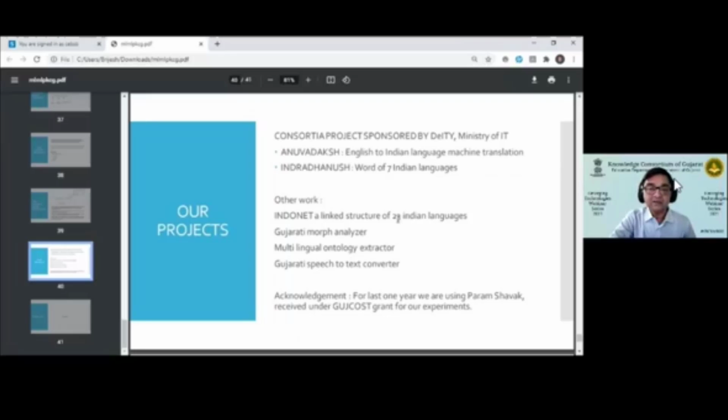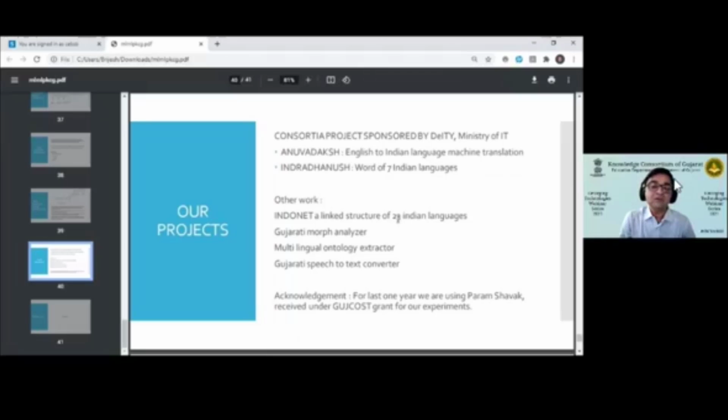So we had done some interesting consortia projects called Anuvadaksh and Indradhanush. Anuvadaksh was an English to Indian language machine translation project sponsored by the Department of Information Technology, Ministry of IT. And it was a consortia project involving many reputed institutes like IIT Bombay and C-DAC Pune and so on. Indradhanush was a project to build WordNet for 7 Indian languages, where we are representing the Gujarati language.